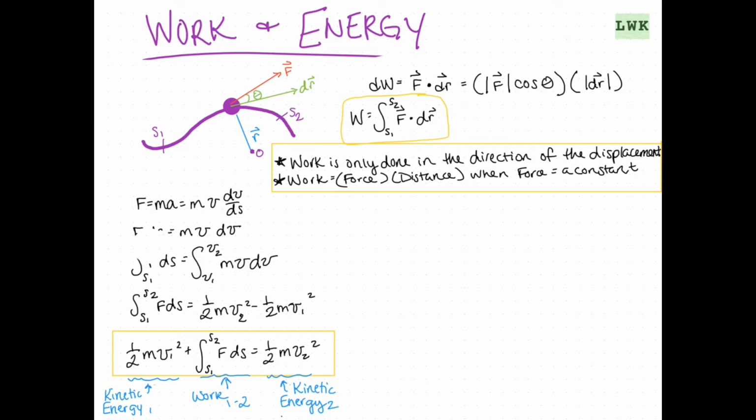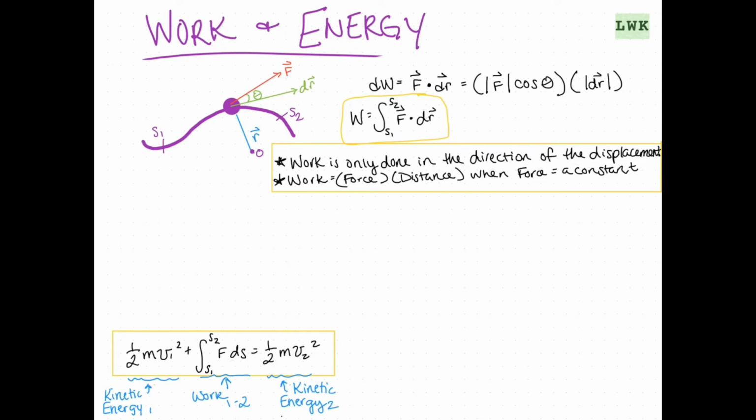So we can even write this simpler as a scalar equation. We can say the energy at 1 plus the work between states 1 and 2 equals the energy at 2. And this is what's known as the work-energy equation.